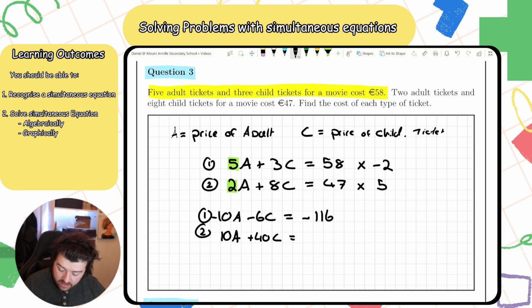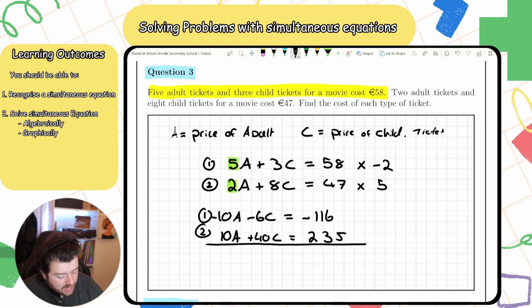And 47 times 5 is equal to 235. Now let's add the 2 equations. Minus 10a plus 10a is 0. Minus 6c plus 40c is plus 34c. Then 235 minus 116 is equal to 119.